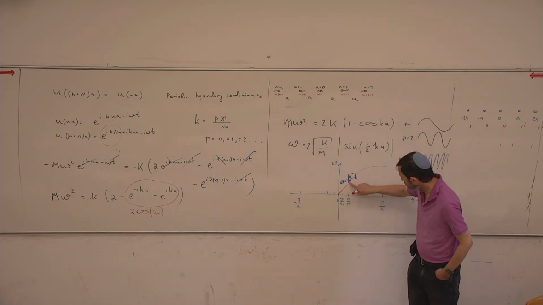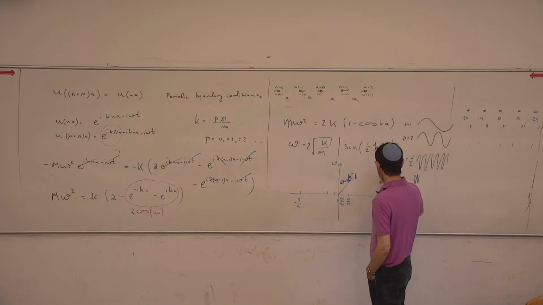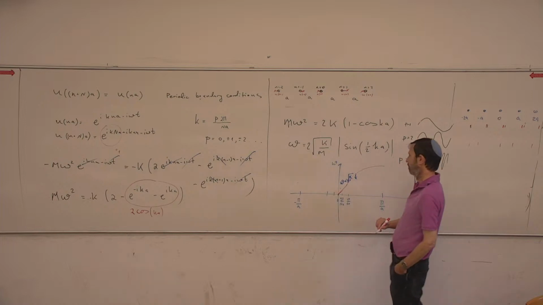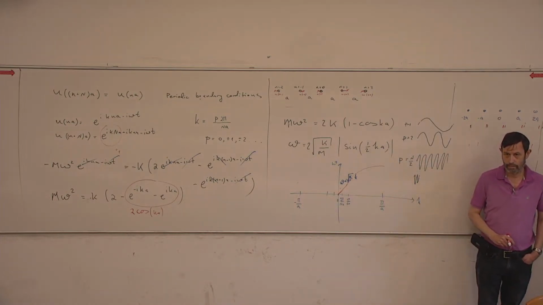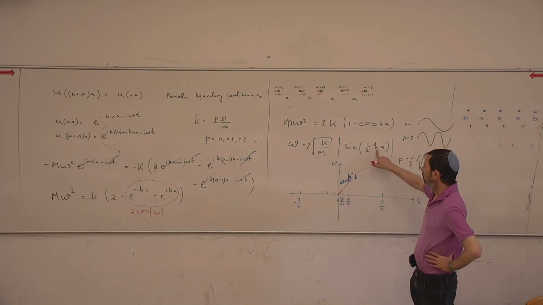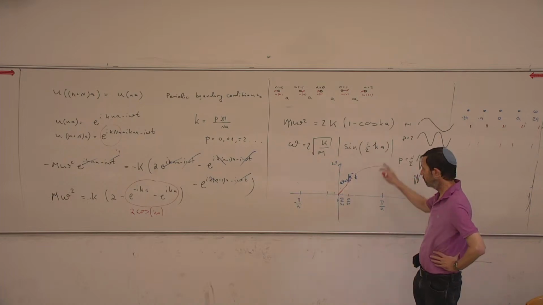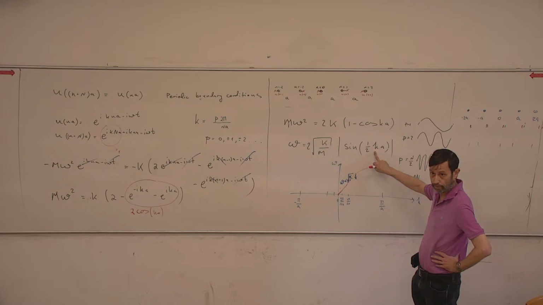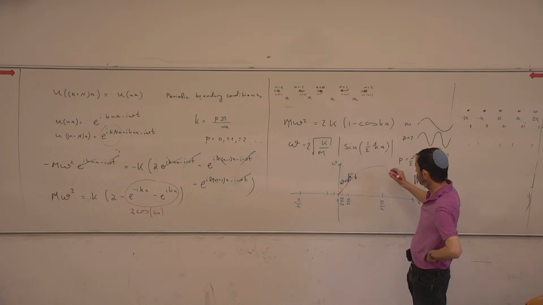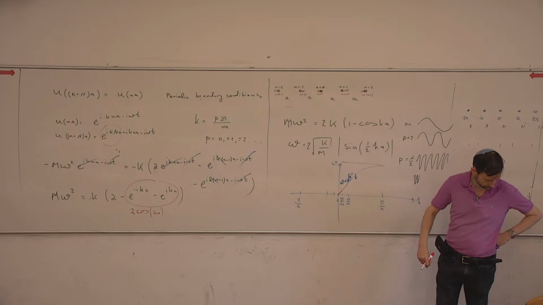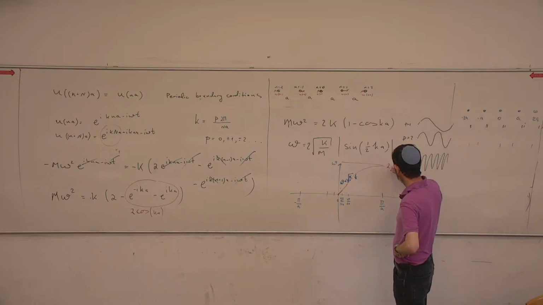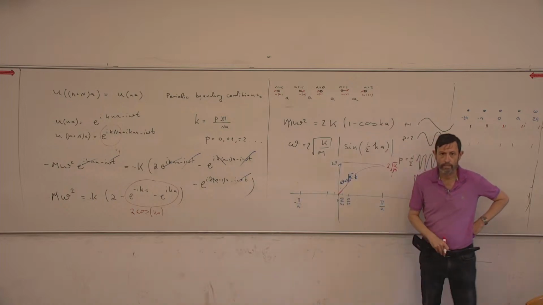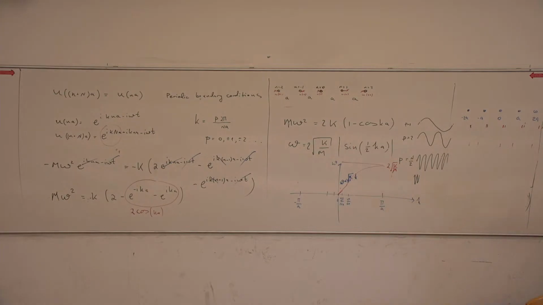Well, of course it's continuous, it's my drawing, but at very large k, close to pi over a, we have here sinus of pi over 2. Sinus of pi over 2 is a constant. So the upper bound here is constant, so this is a dispersion relation.